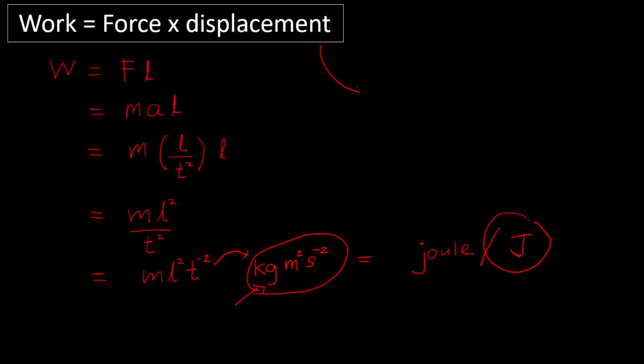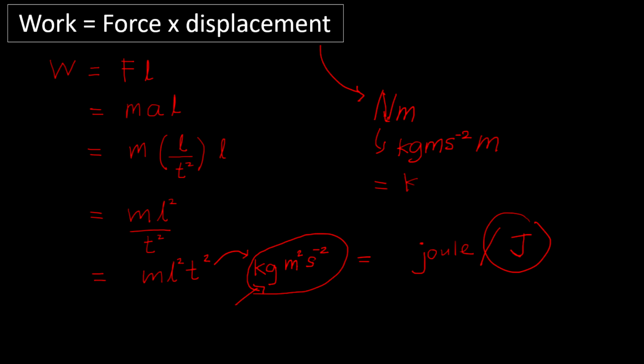Another unit will be, force is Newton, displacement is meter. So means that Newton meter. Okay, we try to convert. See, so Newton is kg m s^-2. So this is from the previous lesson, previous slide. So put m behind. So now we can simplify this.